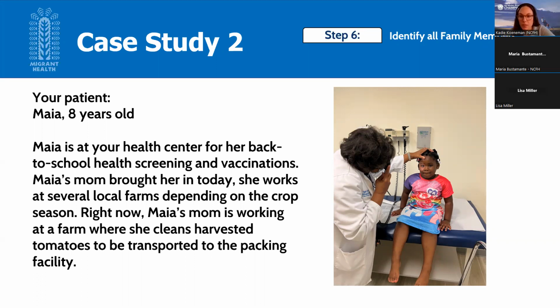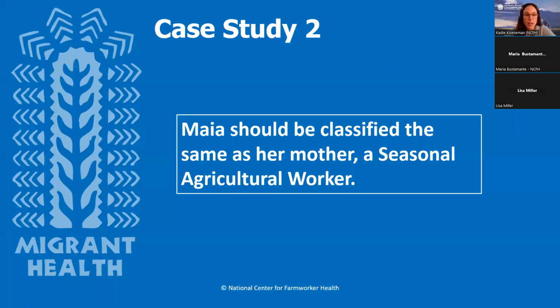All right, I'm seeing lots of seasonal, seasonal, seasonal. Okay, any opposing? Great job. So Maya should be classified the same as her mother, a seasonal agricultural worker.